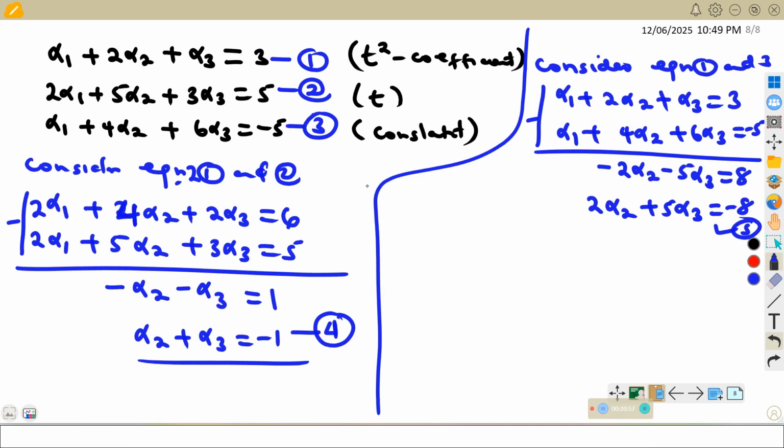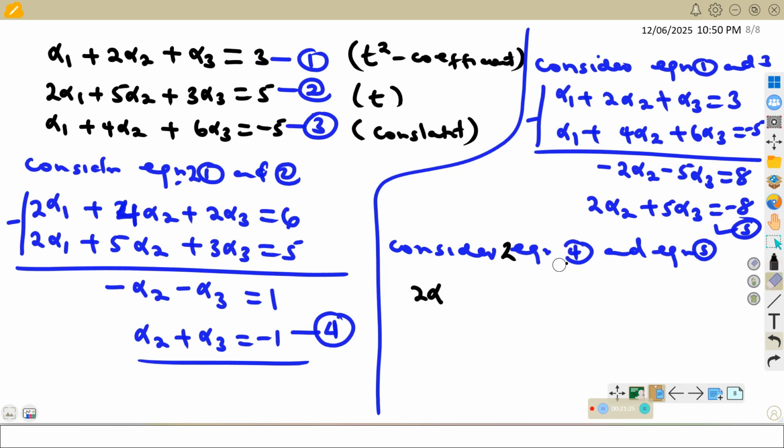What we can do now is to consider equation 4 and equation 5. I want to eliminate alpha 2, so let me multiply equation 4 by 2, then consider it with equation 5.